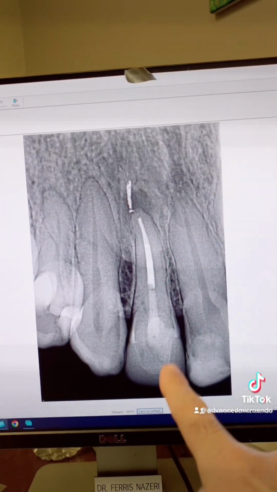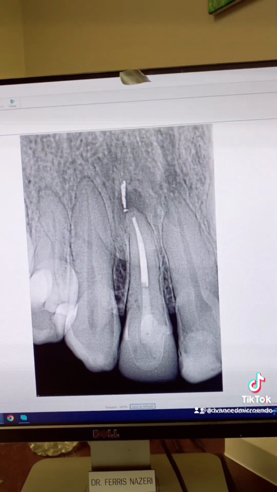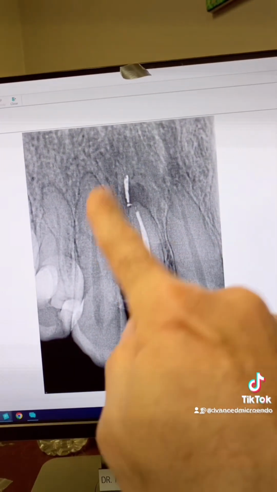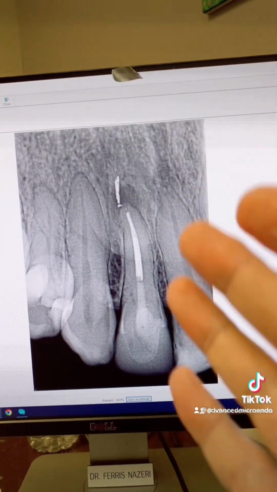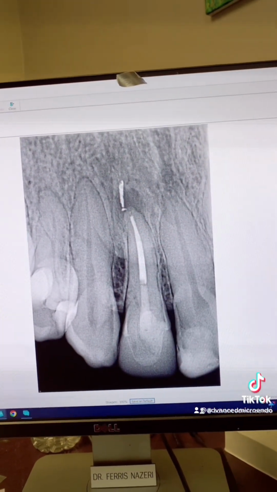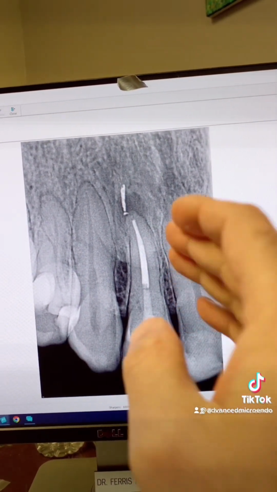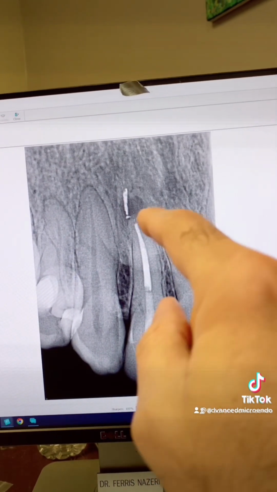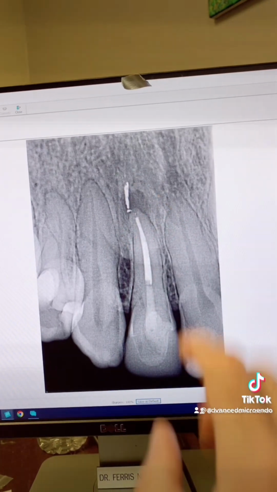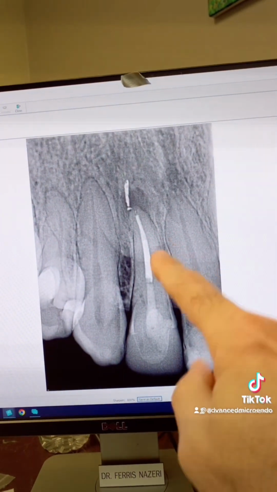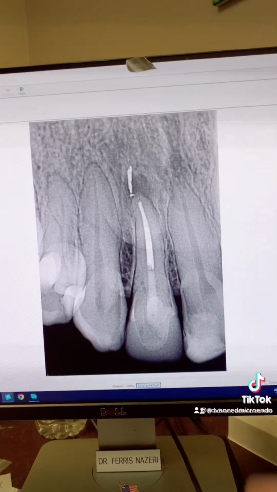Now, if on his x-ray I see that there is no periapical radiolucency when he did the root canal a few years ago, and now there is one, then that means that this patient, despite not having any symptoms, has an active infection. But if there was one when the dentist did the root canal a few years ago, and the size is exactly the same as it is today, or it was much, much larger and it's gotten smaller, then we don't do anything. And that's what we did.